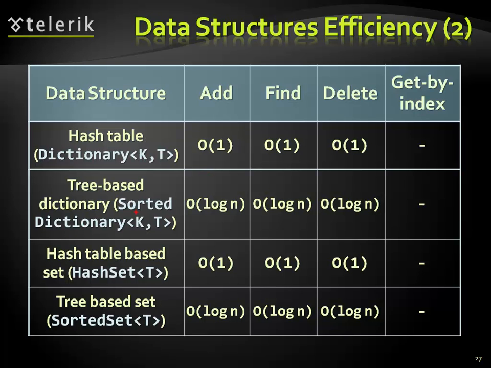It doesn't matter whether you use a dictionary or a set. The only difference is that for a set you only have elements, and for a dictionary you have keys also. So if you need sorted data types with keys, you use dictionaries. If you just need a sorted list, you use a set, a sorted set.